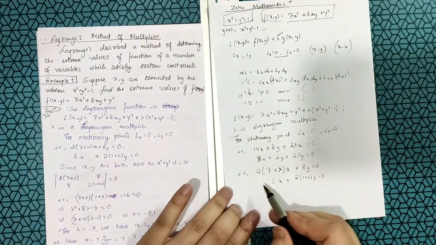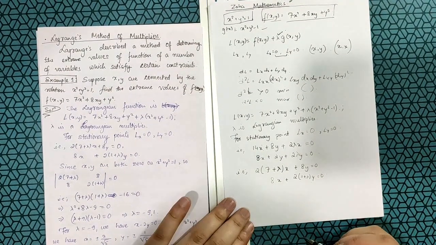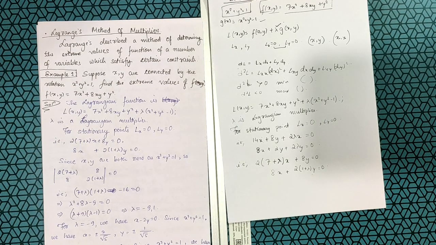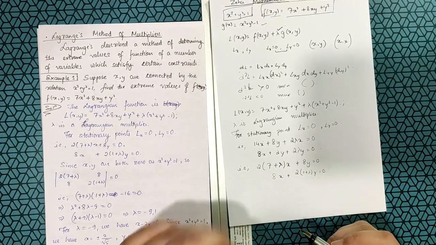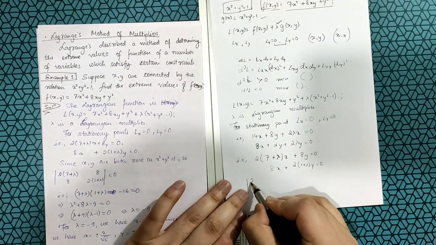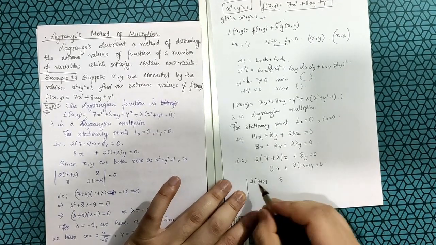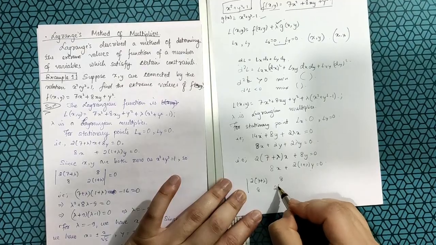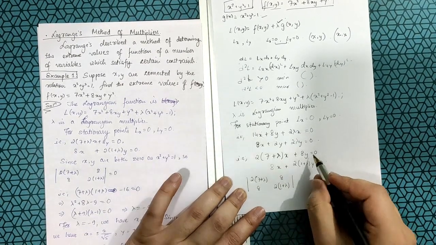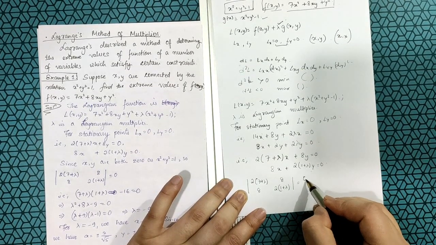So this is a system of equations, so we can represent it as a matrix: 2(7 plus lambda), 8, 8, 2(1 plus lambda), and since the right side is 0, we can write this equal to 0.